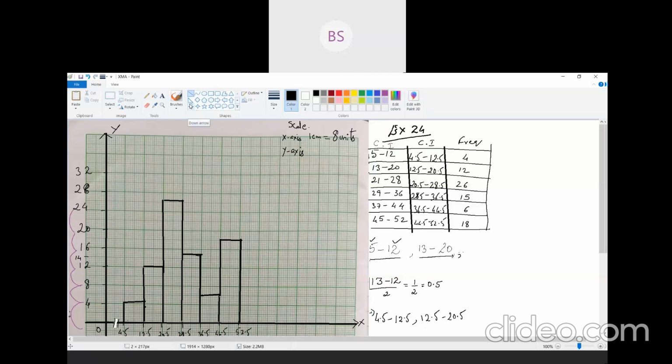No, on the x-axis you have to take the values 150, 200, 250, 300. So there the difference will be 50. Okay, you're talking about the solved example.